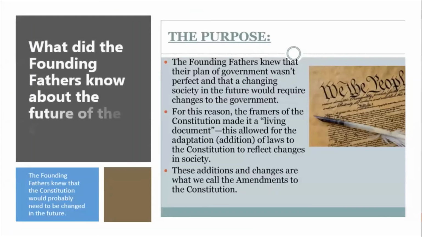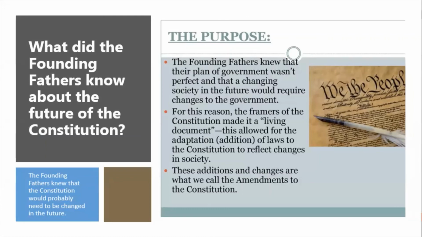What did the founding fathers know about the future of the Constitution? The founding fathers knew that their plan of government wasn't perfect and that a changing society in the future would require changes to the government. For this reason, the framers of the Constitution made it a living document. This allowed for the addition of laws to the Constitution to reflect changes in society.